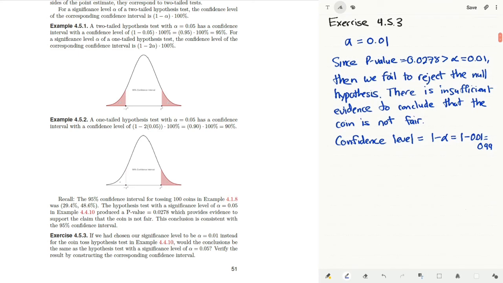So recall from example 4.1.8, we have a sample proportion, which is 0.39. We calculated a standard error, which was about 0.04877, and the critical value for 99% confidence is 2.575.